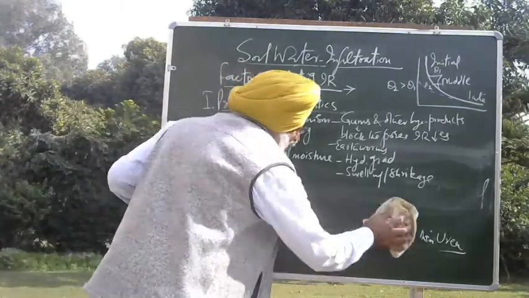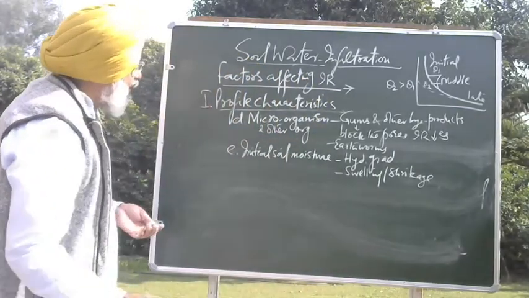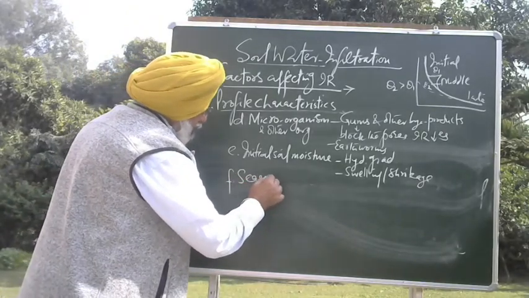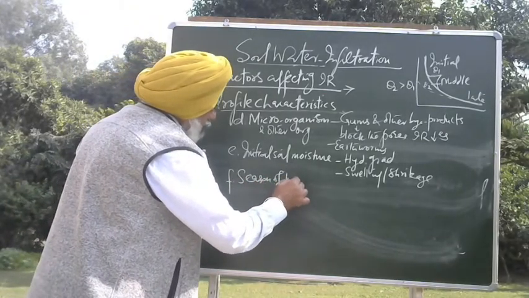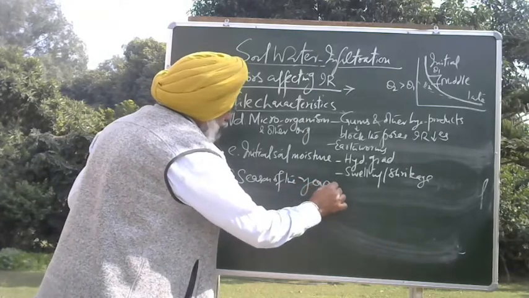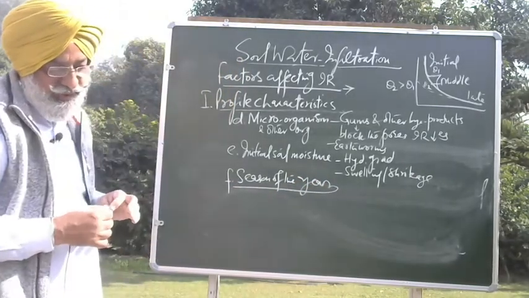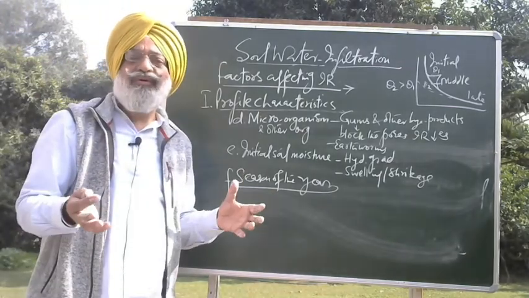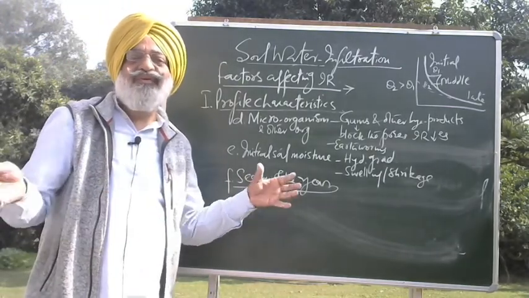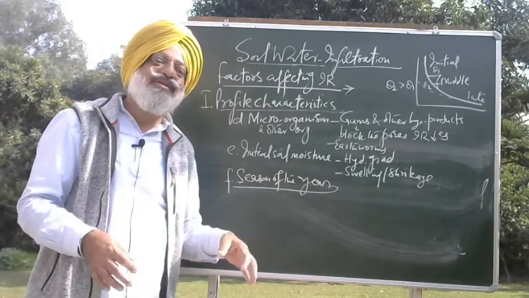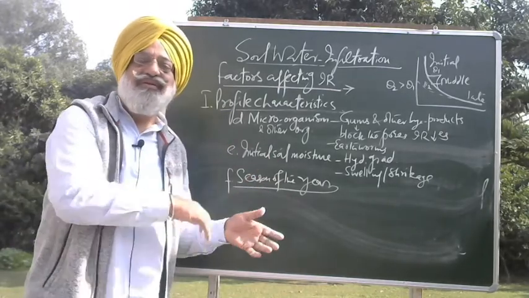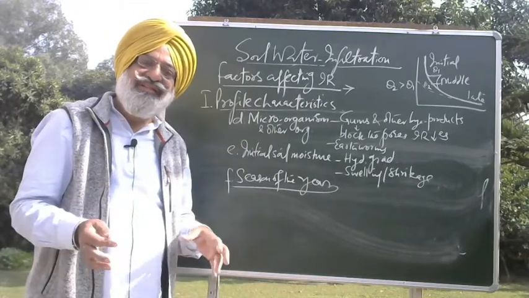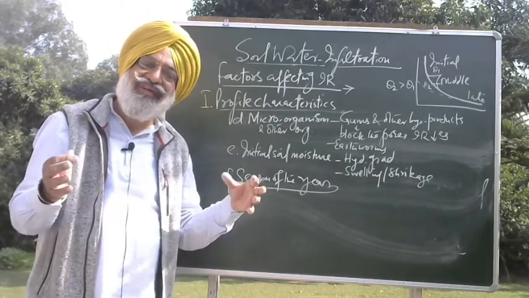Then lastly, in this group of profile characteristics, we have season of the year. Here, it determines the initial moisture content. If you have, say, a winter season, soils will be wetter than during summer season. But at the same time, if you have rainy season, the soil will have good vegetative cover.